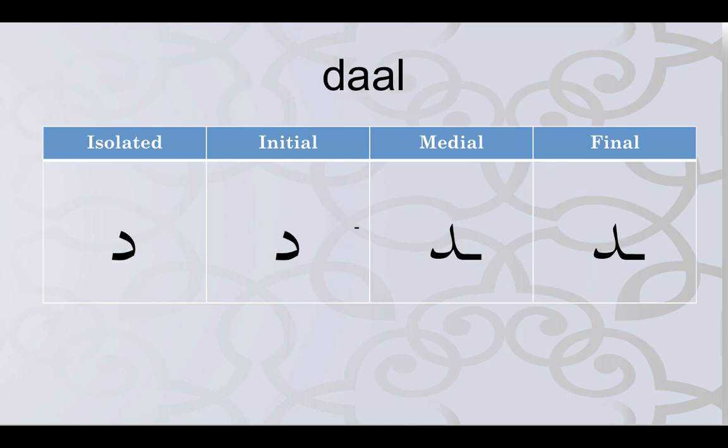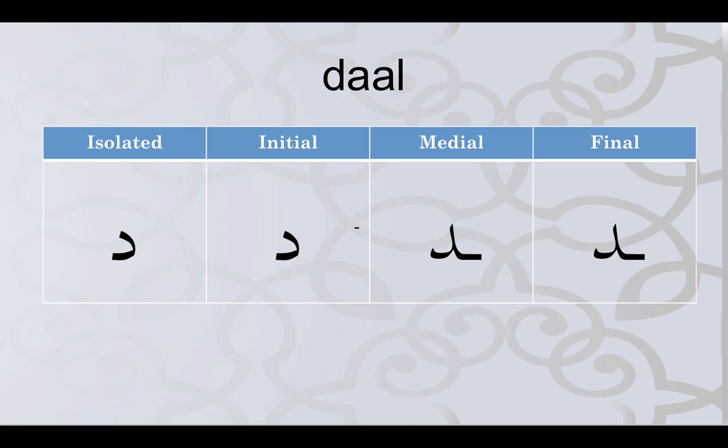Next we have the letter Dal. The letter Dal, its isolated and initial forms are the same as the medial and final forms. Notice the letter Dal has no dot on it.